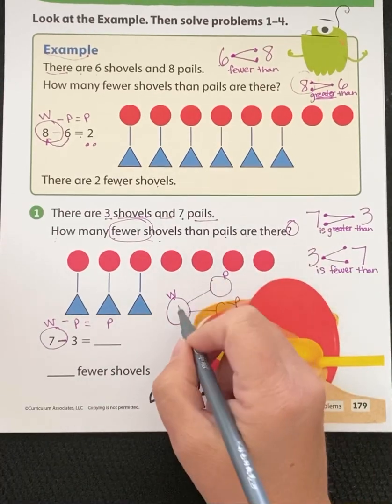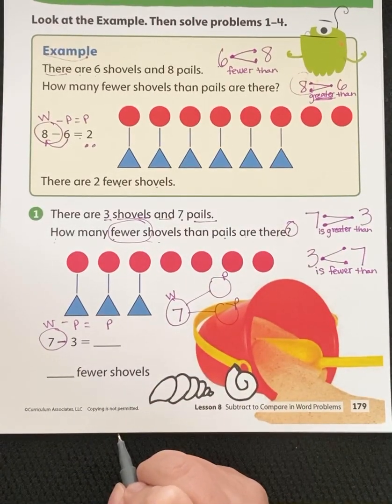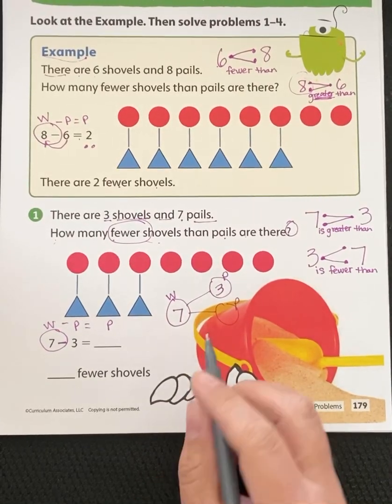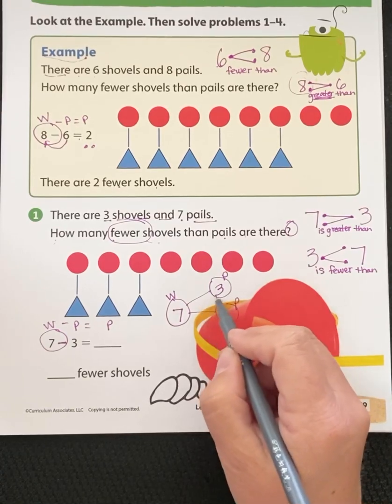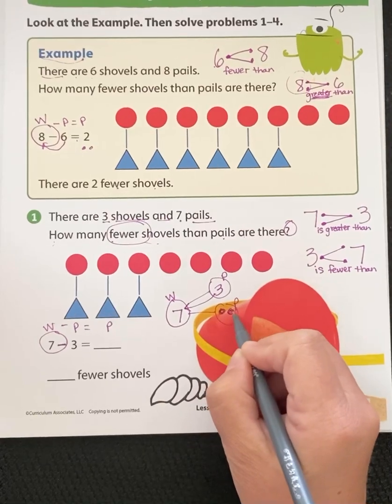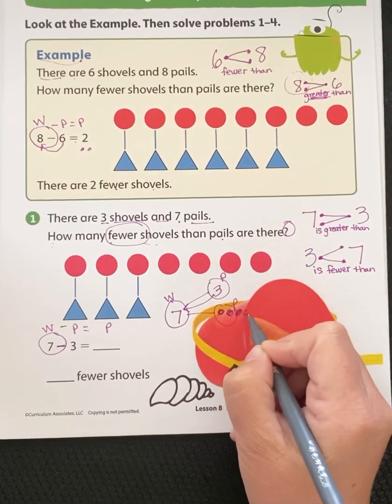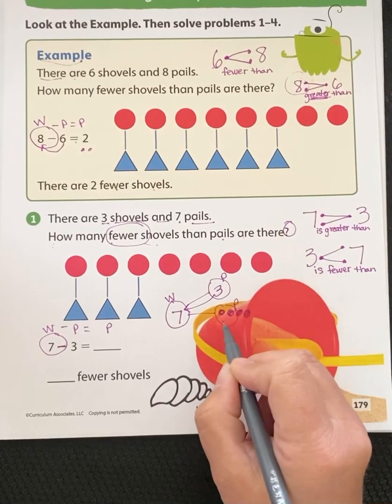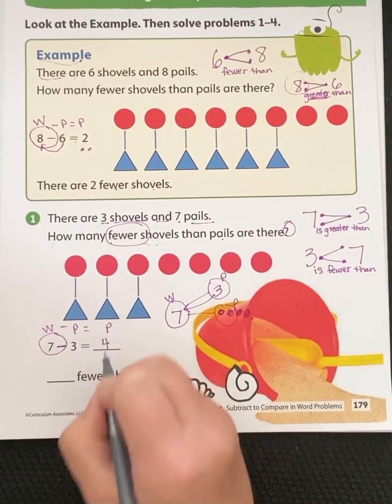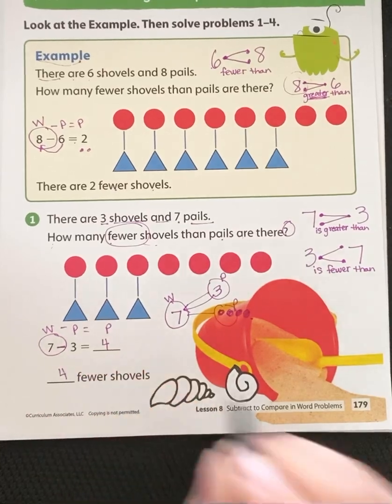Right, 7 is greater, so it goes in the whole. What is the part that we know? 3. Count on from the part we know up to the whole. 3, 4, 5, 6, 7. How many did we have missing? We had 4 missing. 4 fewer shovels.